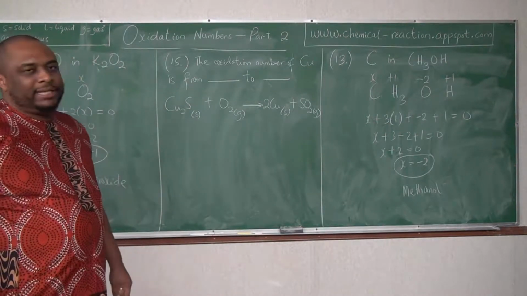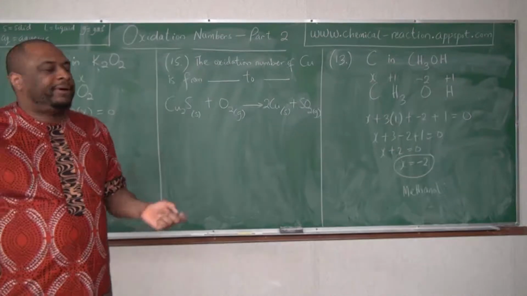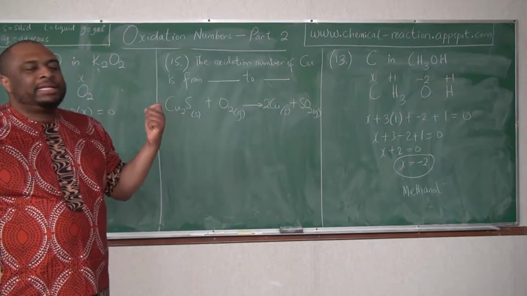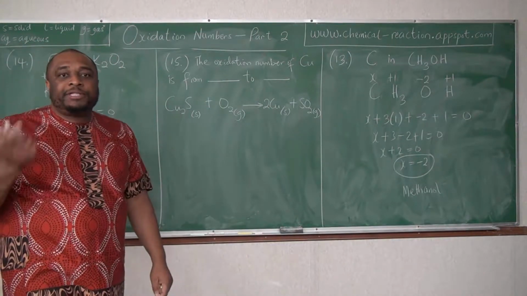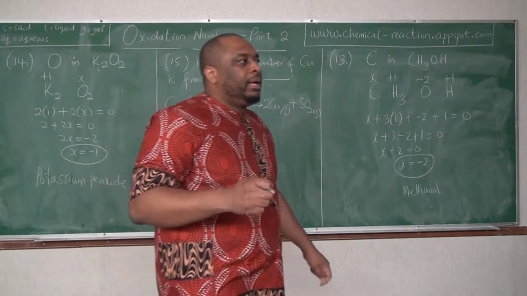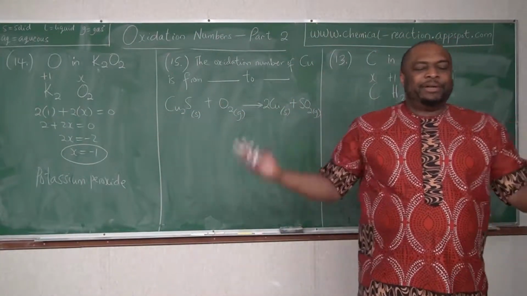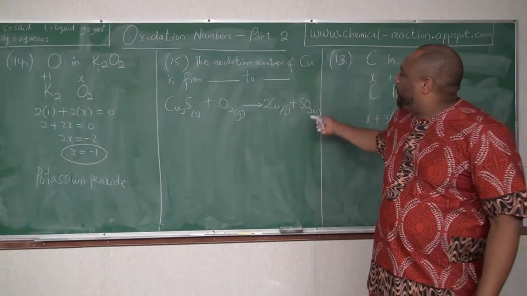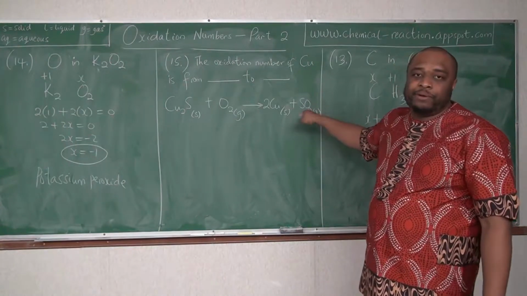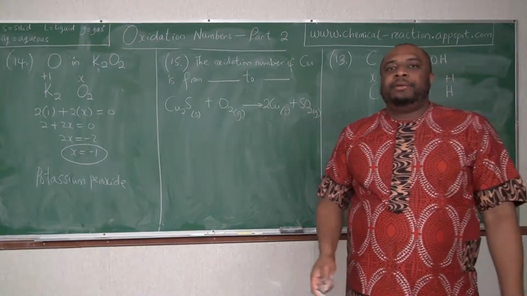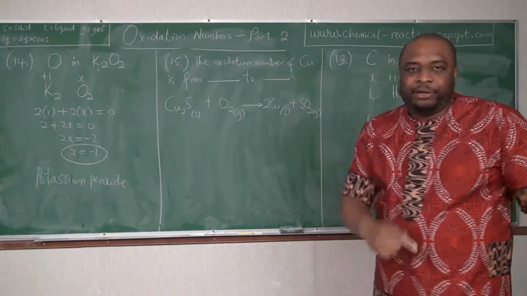Solid copper 2 sulfide reacts with oxygen gas to give you 2 moles of solid copper and 1 mole of sulfur 4 oxide. You ask me, how do I know sulfur 4 oxide? If you take the sulfur, let the oxidation number of sulfur be X, then X minus 4 equals 0.